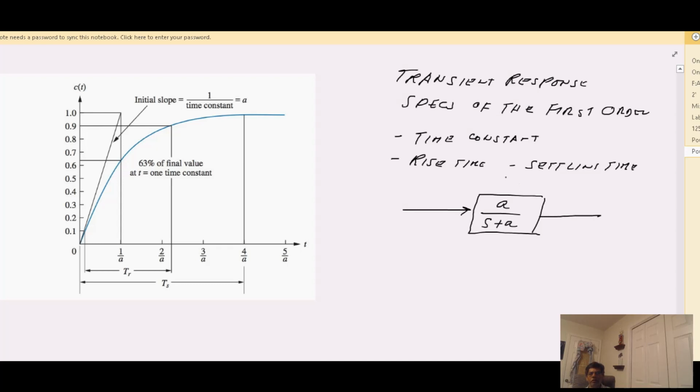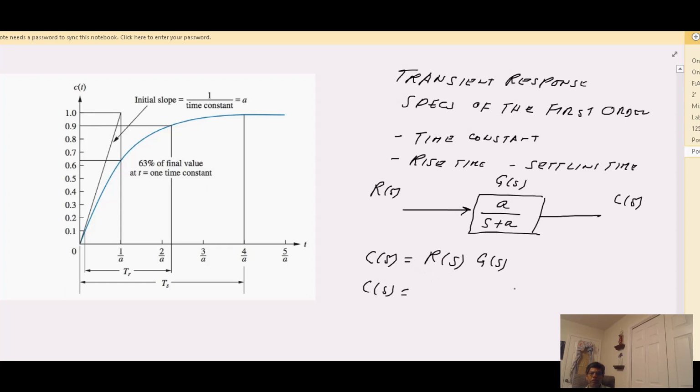Now this is the transfer function G(s), and as you recall, this is the reference input R(s), and here is your output response. So we can simply say that C(s), as you know by now very well, is just going to be R(s) times G(s). And as usual, we are going to take a unit step function for the reference input.